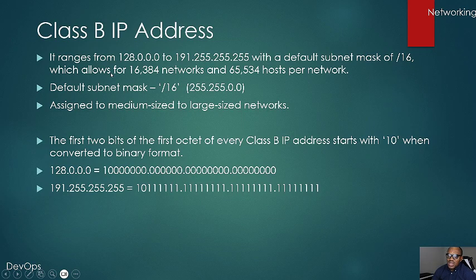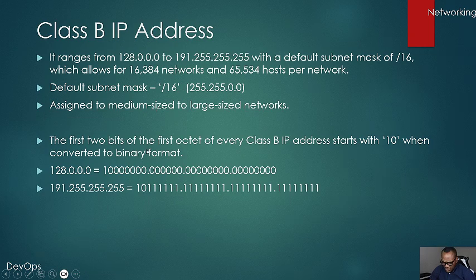This allows for 16,384 networks and 65,534 hosts per network. With a default subnet mask of /16, you have 255.255.0.0, and they are assigned to medium to large size networks.